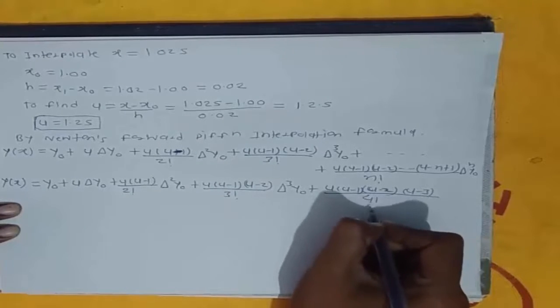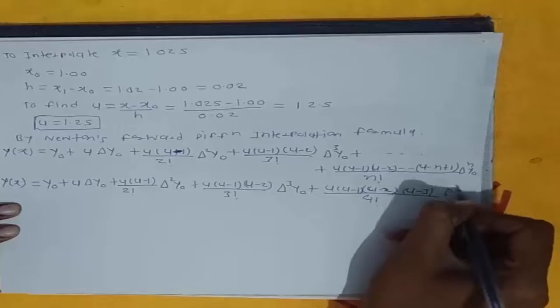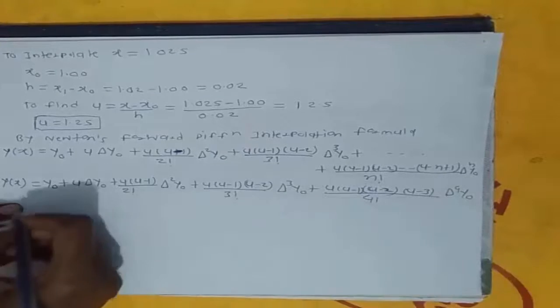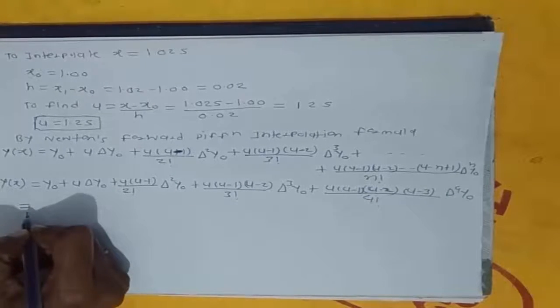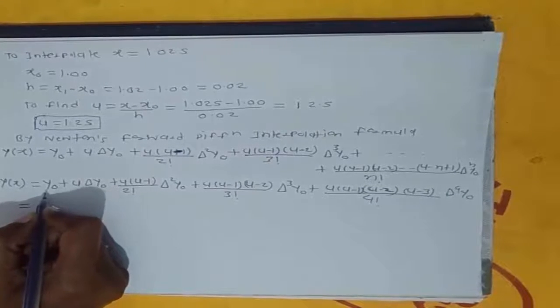Here we have to get the 4 factors, so 4 factorial delta raised to 4 y0. Okay, so next we put here the values of all these y0.